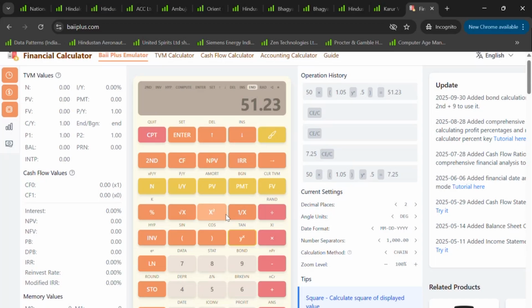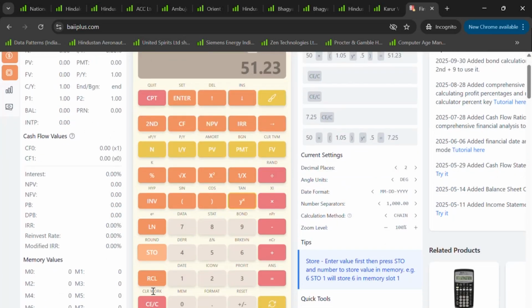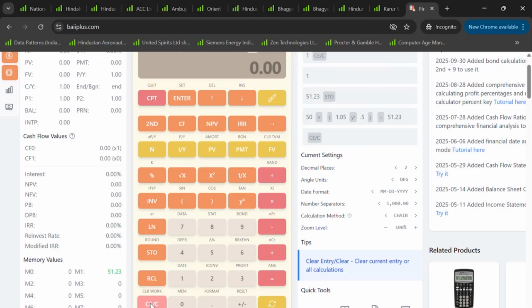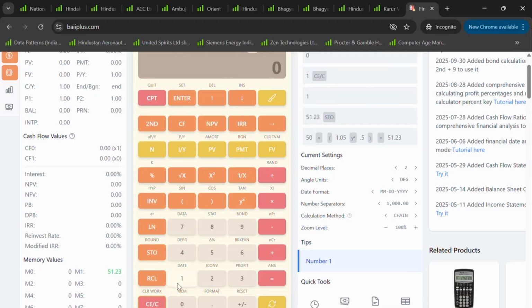So this is the first part of the equation, right? Then I have 0.3 which you received. Now 0.3 I receive after 3 months. So what I need to do is this answer I'll put in my memory. I will store it in memory 1 because I'll forget this answer. Now I'll come to my second part. What is it? 0.3, correct?